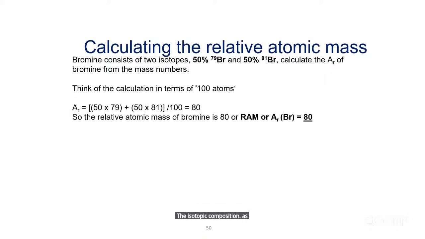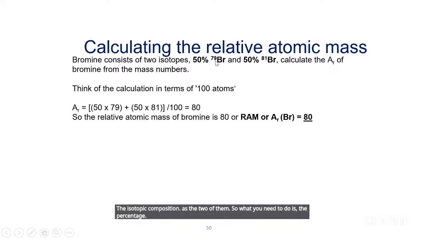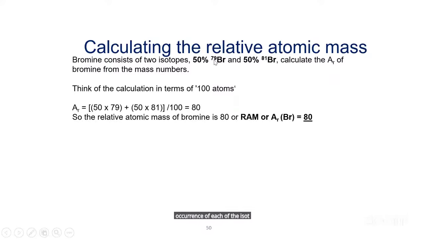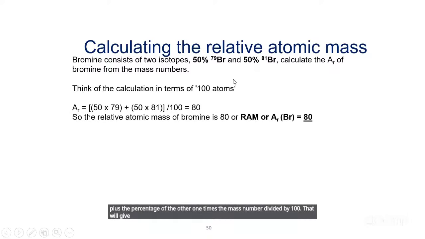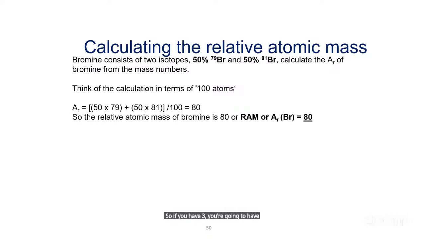So what you need to do is the percentage occurrence of each isotope times the mass number of that isotope, plus the percentage of the other one times its mass number, divided by 100. That will give you the relative atomic mass. So if you have 3, you're going to have 3 of those percentages combining together to give you the relative atomic mass.